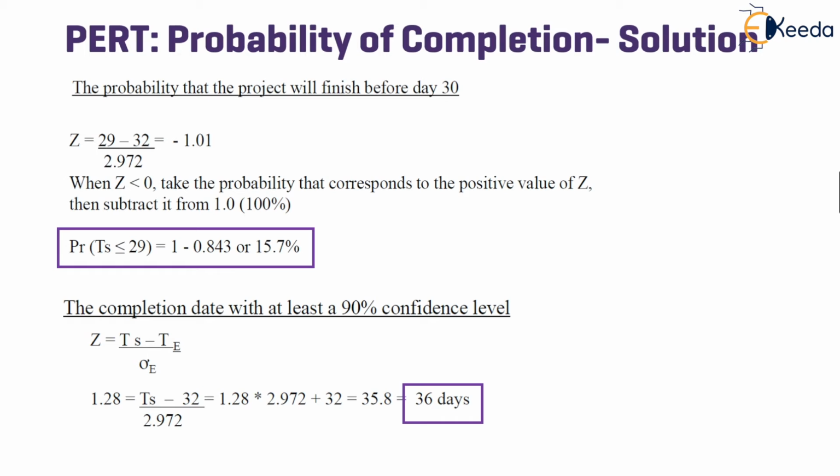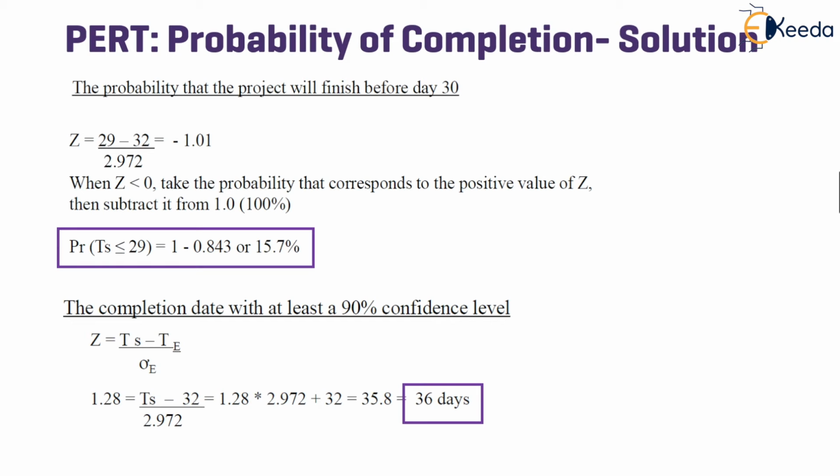The probability that the project will finish before day 30, that is, if we have to complete the project before the 30th day, that means we have to complete the project in 29 days. So the expected time is 29, while the calculated time duration was 32. Divided by 2.972, we get minus 1.01.